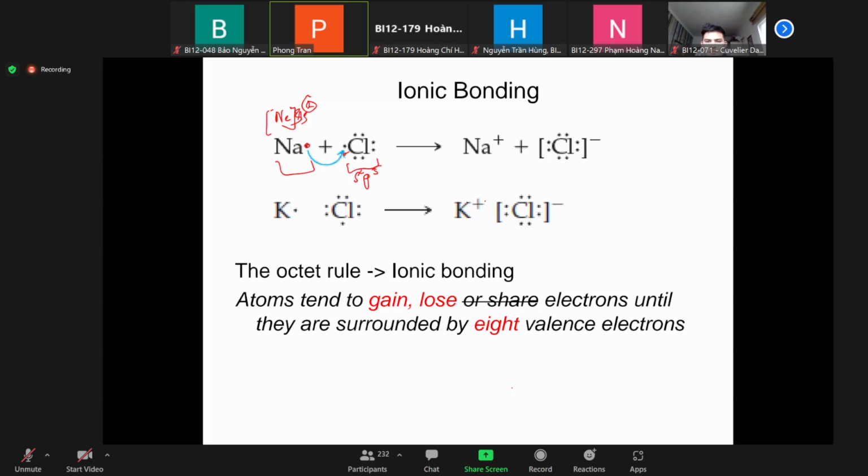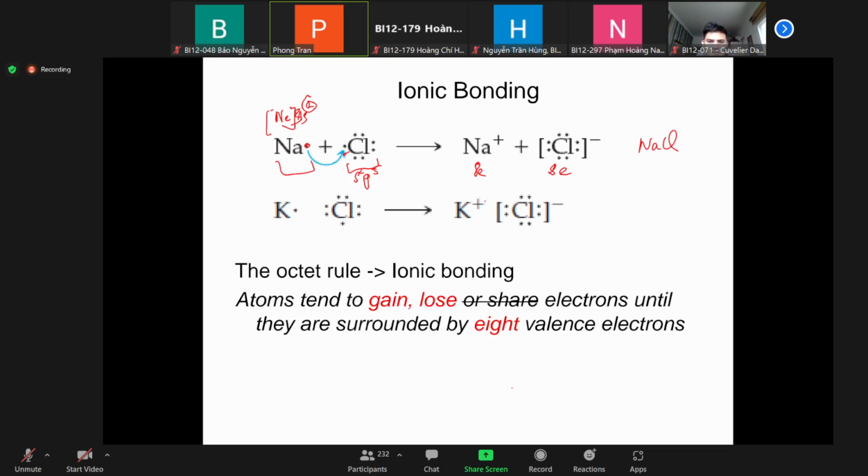So that's why when you put sodium and chlorine together, you will observe the tendency where the electron will transfer from sodium to chlorine. So sodium now becomes cation sodium, having 8 valence electrons, and chlorine now becomes anion chloride, also having 8 electrons. So you make the molecule of sodium chloride, in which both sodium and chloride satisfy the octet rule.